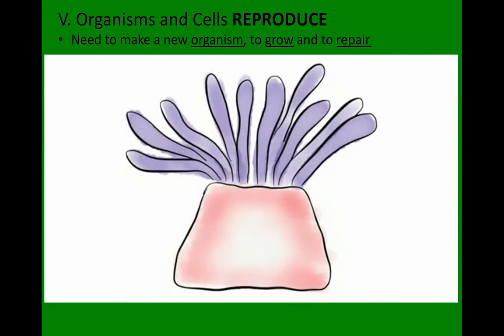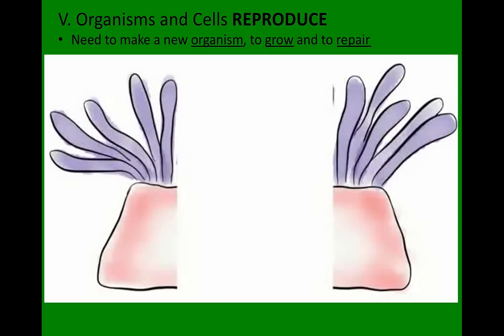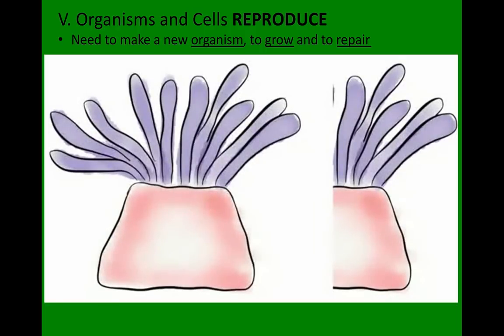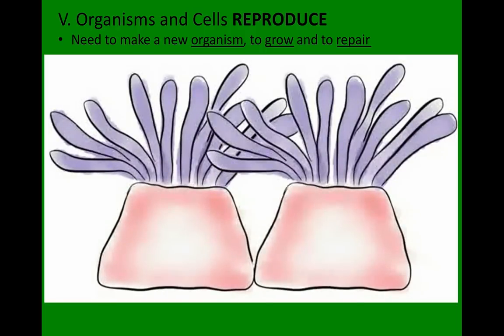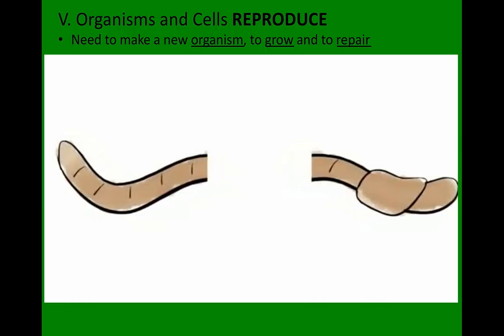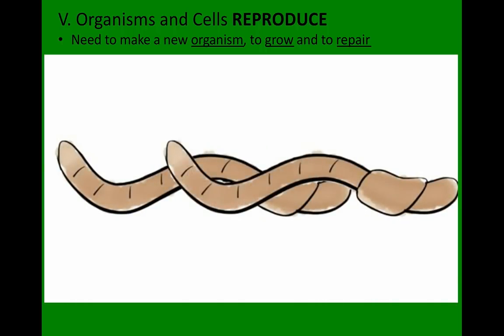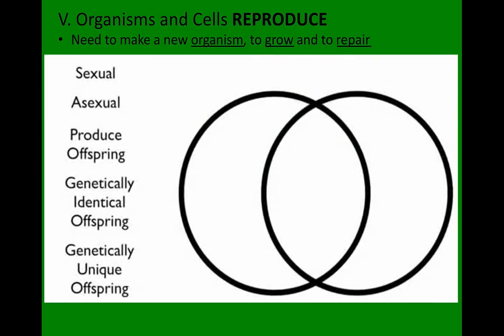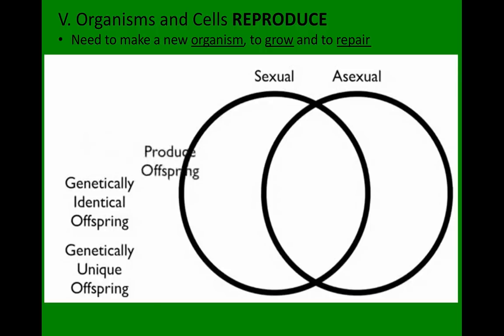Some organisms produce offspring by splitting into pieces. A sea anemone can split down the middle, resulting in the production of another individual identical to the original. Some worms, if split, will continue to live as 2 identical worms. Both sexual and asexual reproduction produce offspring.